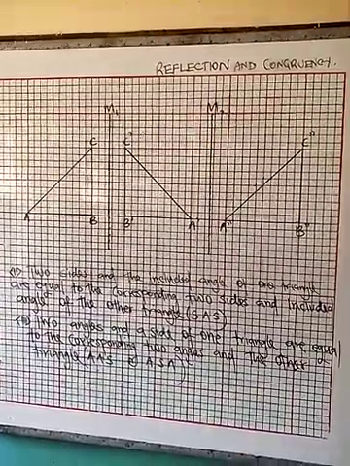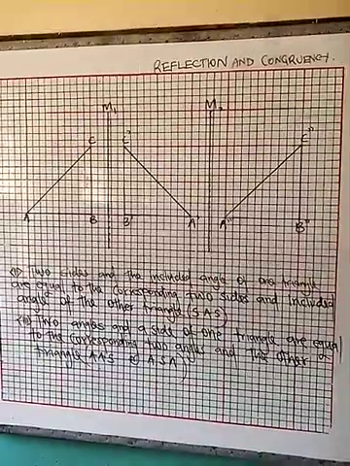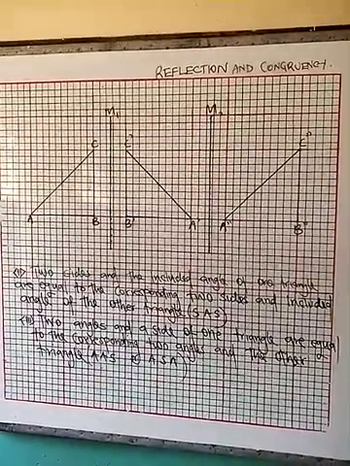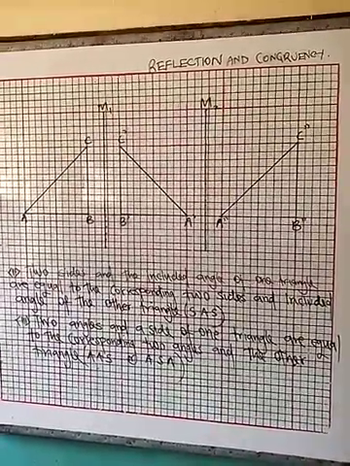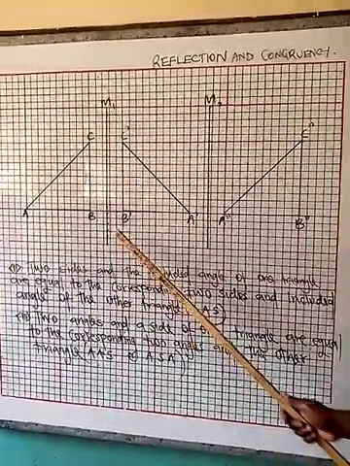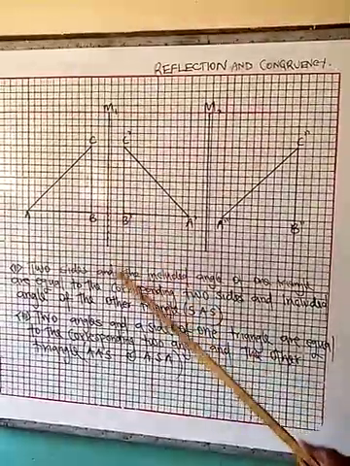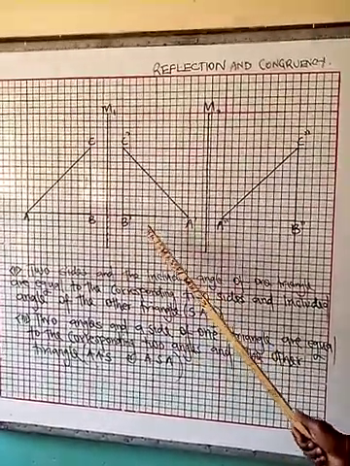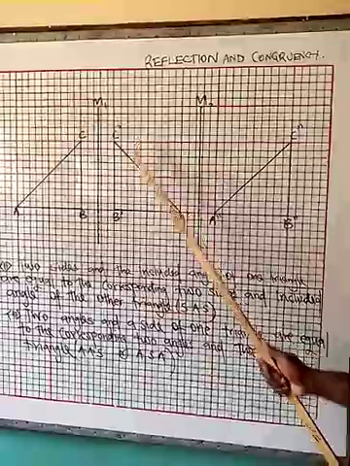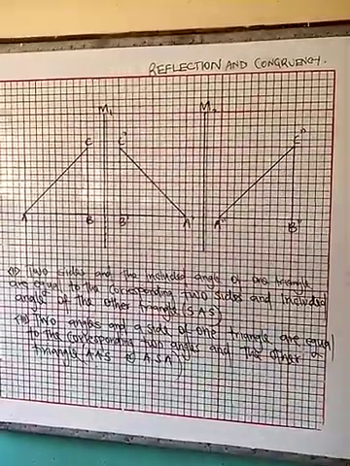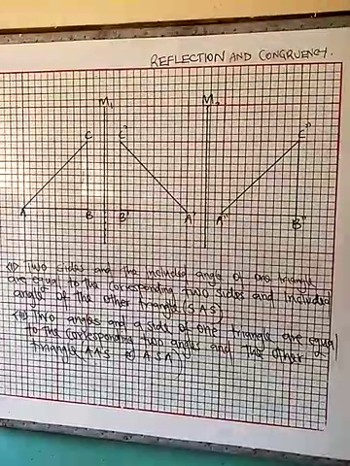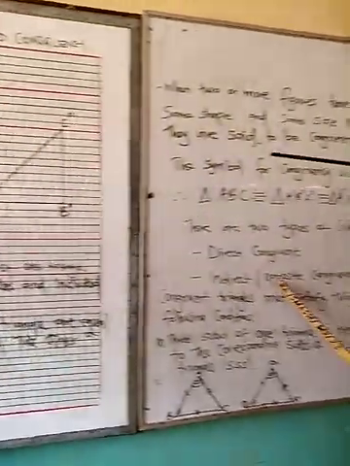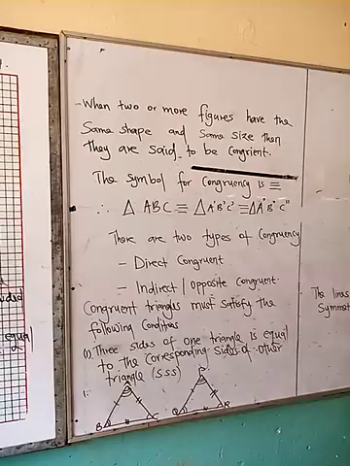Therefore, they are called directly congruent triangles. Triangle ABC and triangle A prime, B prime, and C prime are indirectly congruent, or what we call oppositely congruent.